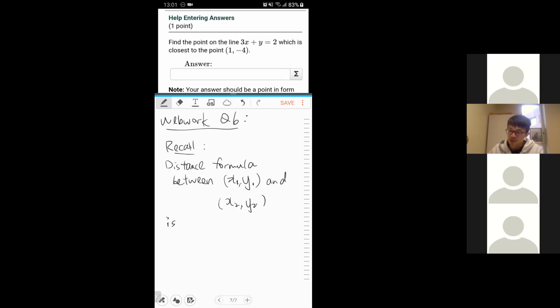The distance formula between 2 points x1, y1, x2, y2 is the following. I'm calling that d equals the square root of x1 minus x2 squared plus y1 minus y2 squared. So we have 2 points, and this is the distance formula.